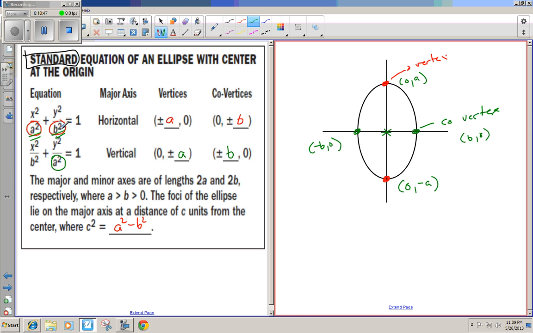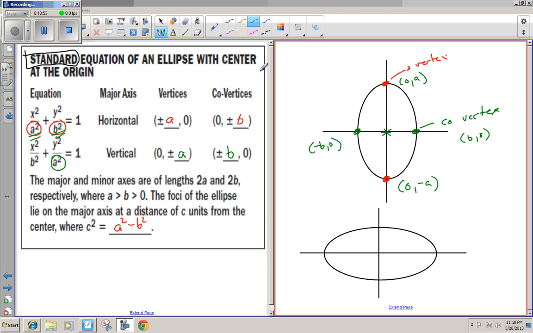So for this one right here, since it's horizontal, now you can see this is a co-vertex, and it's the distance from the origin goes from 0 up to b. So that means the b part is smaller, 0 down to negative b.